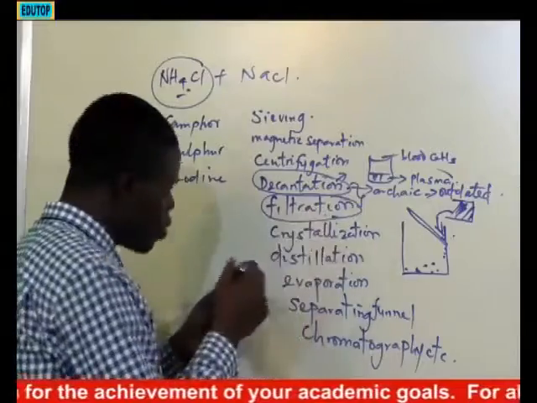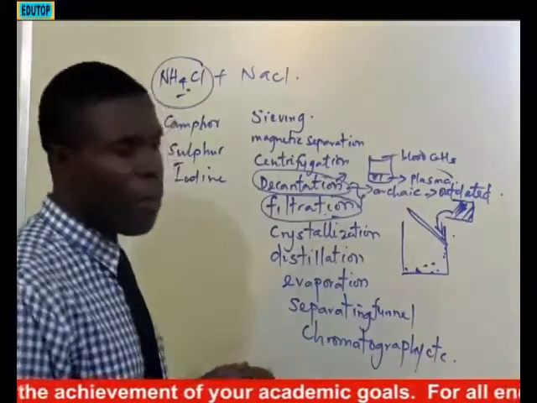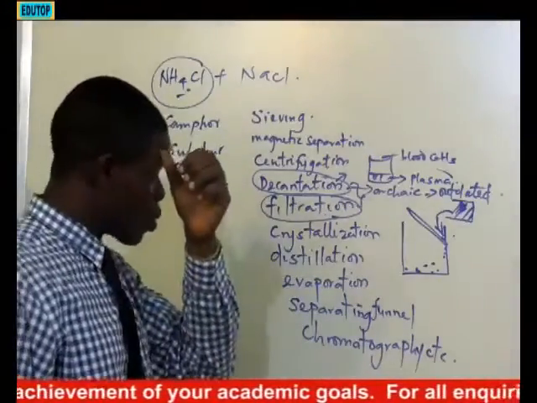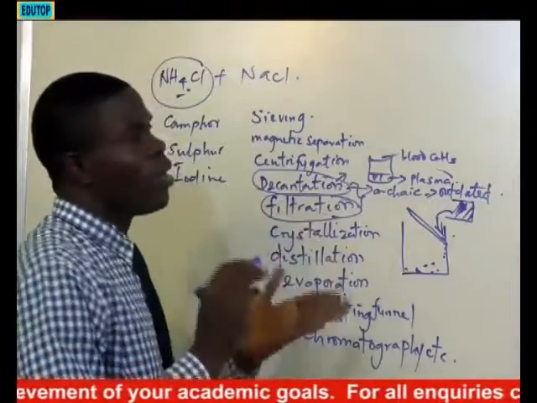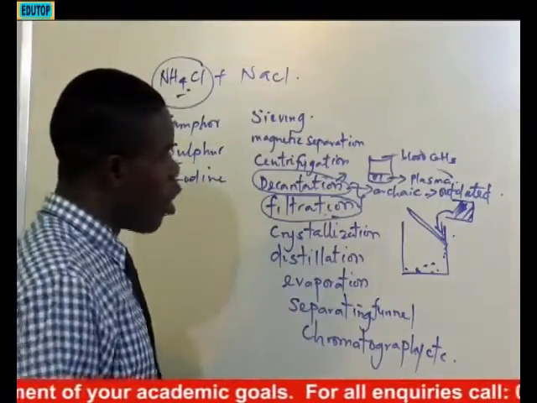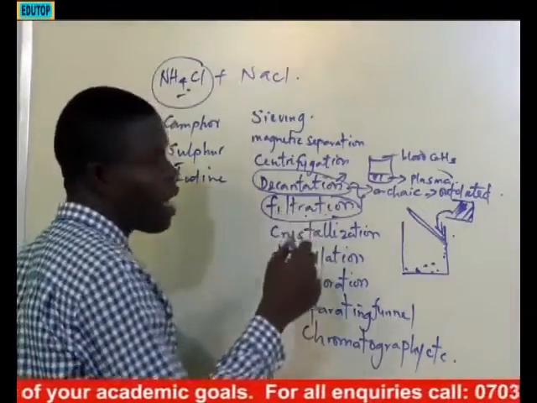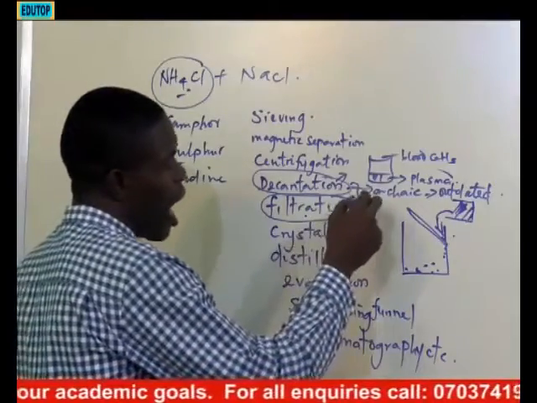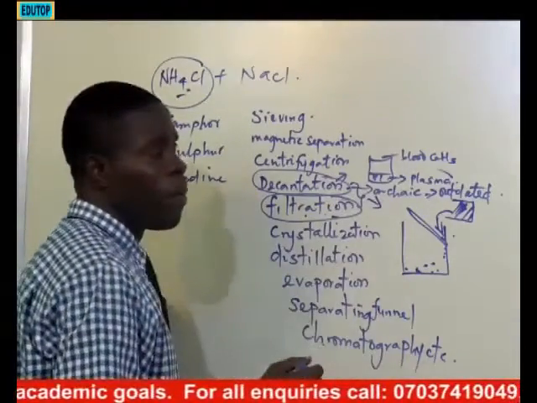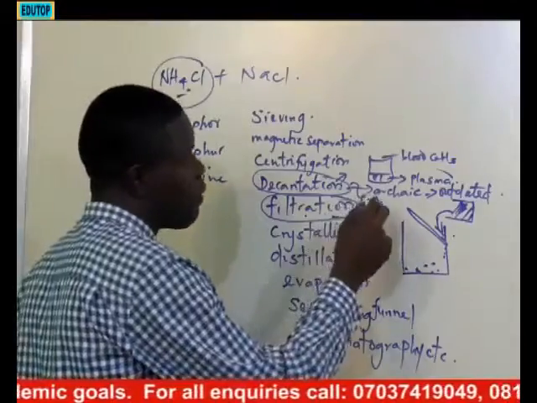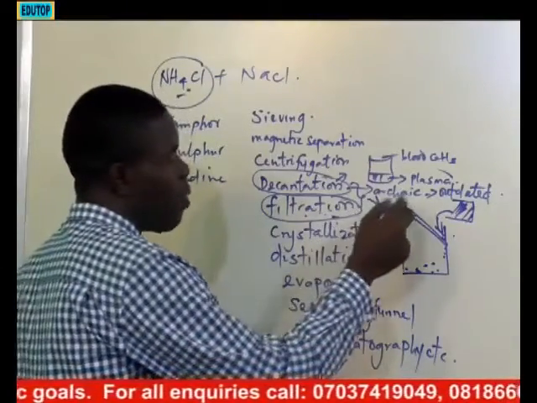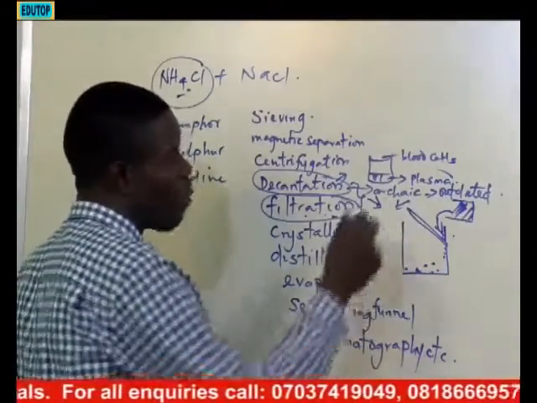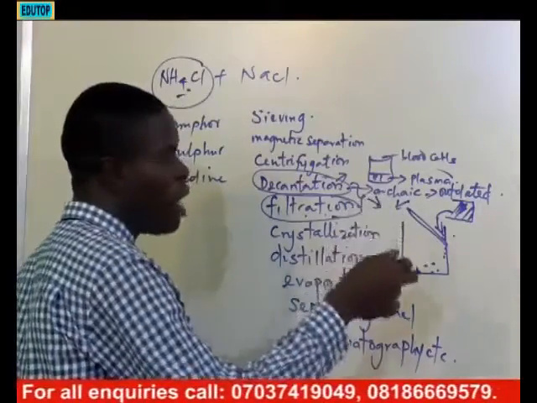So this one is used in water purification plants where you purify water. Although before this process is employed, there is how water is prepared to make it fit for drinking. There are some chemicals that are also introduced, like your potash alum to coagulate it.